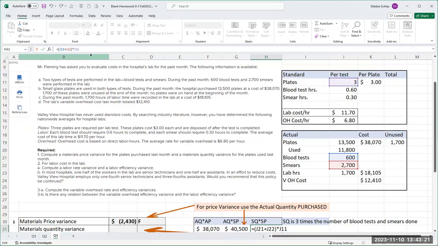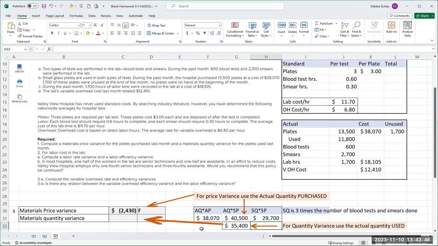I'm going to add some more parentheses. I want to do this all in one. So that's SQ. So those three numbers, that is SQ. Now I'm going to multiply that whole total by standard price, which is $3 per plate.